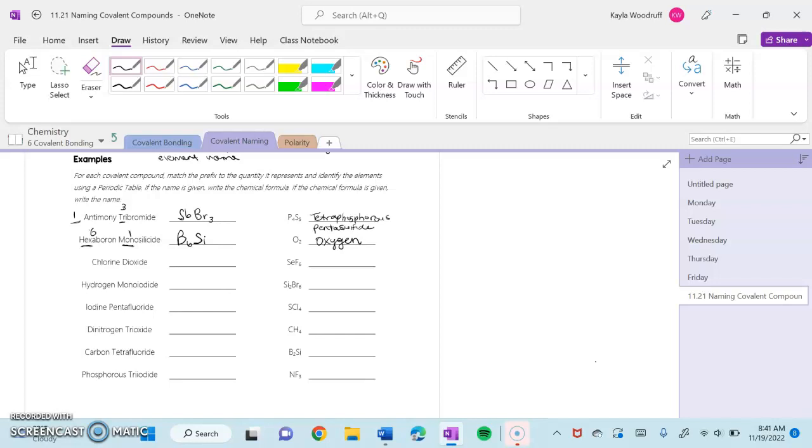Se with no prefix, it doesn't have a subscript, so that means it's just 1, and we don't include a prefix because it's our first element. So this is selenium, not monoselenium, and then our second element has 6, that's hexa, and then fluorine, you change the ending to ide, it'll be hexafluoride.